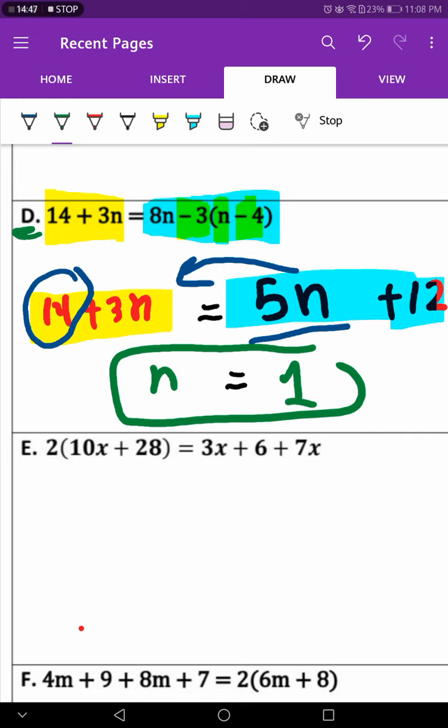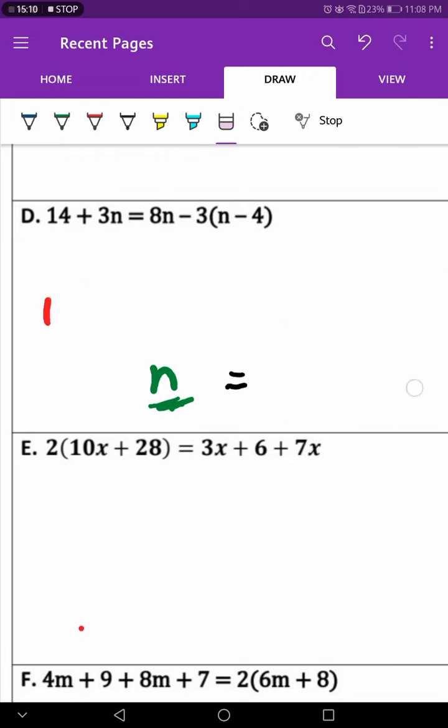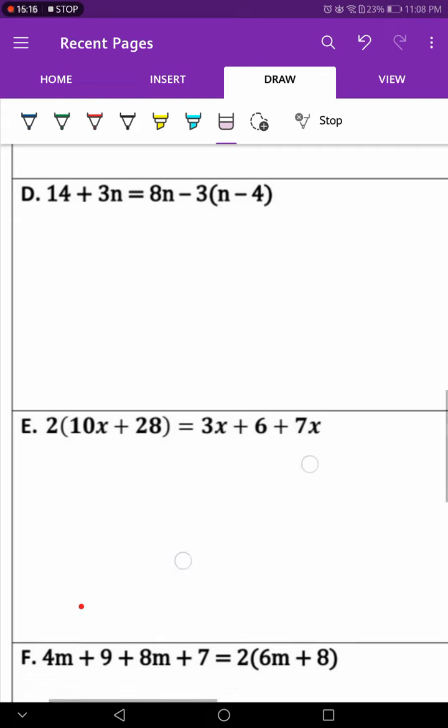When you get a value for any letter, which is here n equals 1, that means if I replace the n by the 1 here, and the n by the 1, and the n by the 1, and do the calculation, the left side will be equal to the right side. So this value makes the left side equal the right side. So when anyone asks you what is the solution, it is always the value that makes the left side equal the right side.